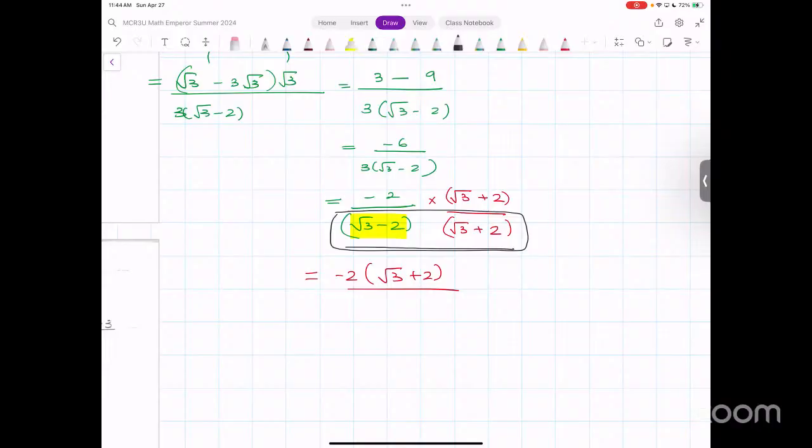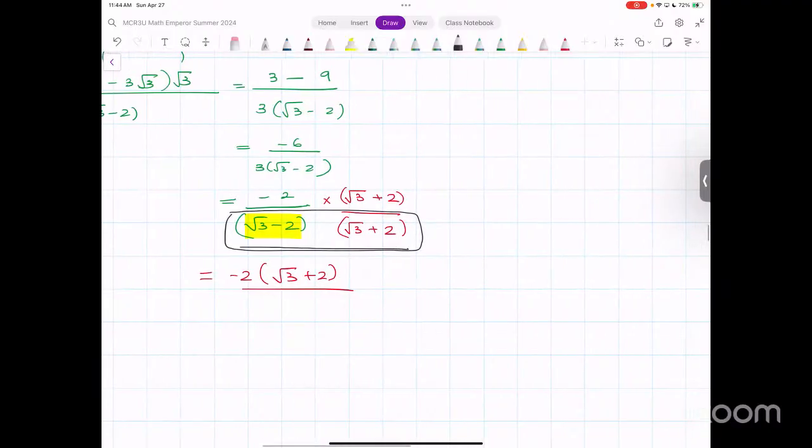Okay. So does everyone see that A minus B times A plus B? That's going back to the caveat. What is A minus B times A plus B equal to? If you multiply A minus B times A plus B, what would you get?